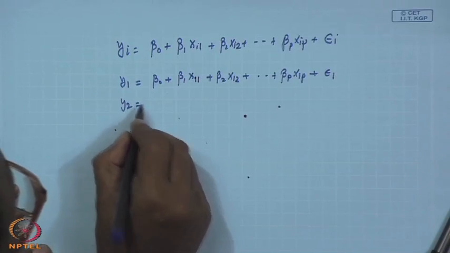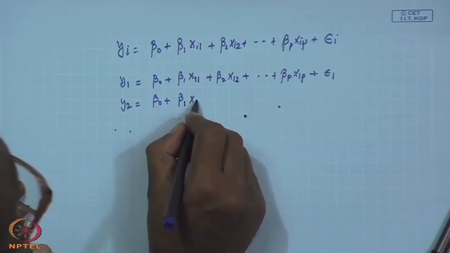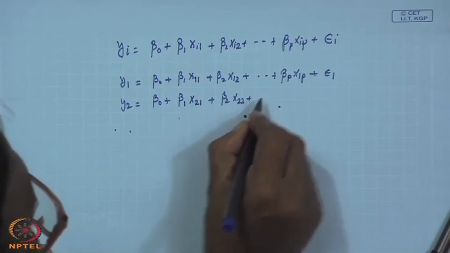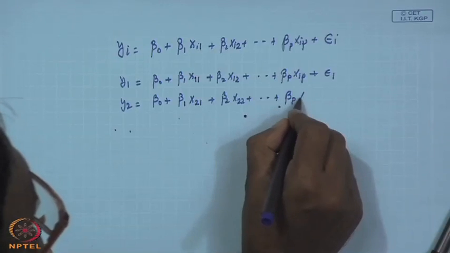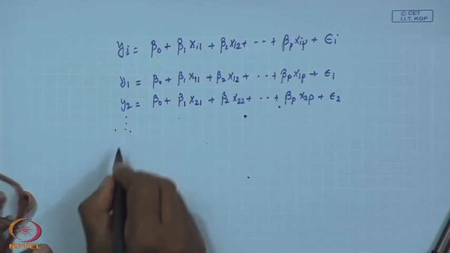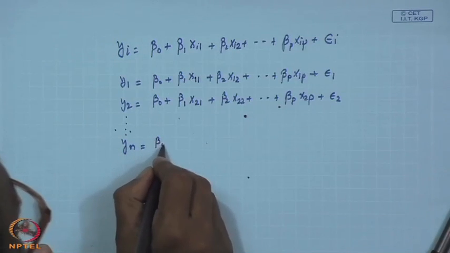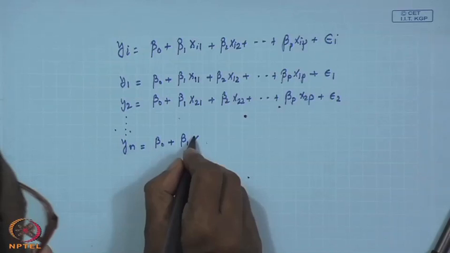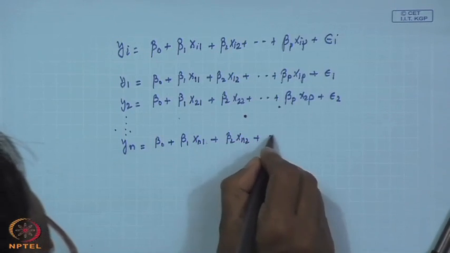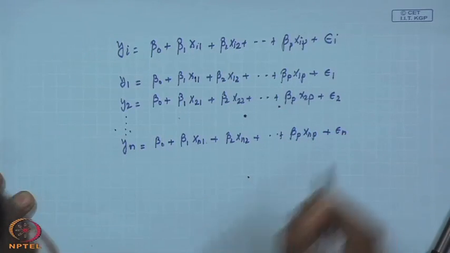For y2 you will write beta 0 plus beta 1 x21, beta 2 x22, up to beta p x2p plus epsilon 2. If you go on writing, ultimately up to the nth term, you will write beta 0, beta 1 xn1, beta 2 xn2, up to beta p xnp plus epsilon n.